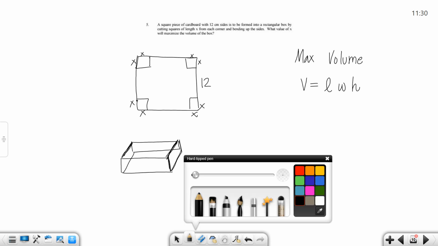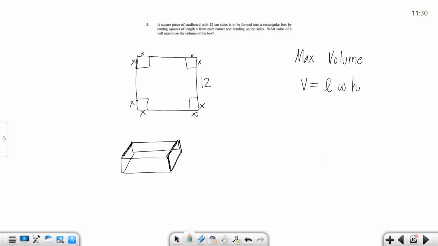Now, here's what's special about this box. I'm going to cut out these corners of the box. So when I cut out the corners, it's going to leave these three pieces here. Well, that's going to be this part of the box. So if you look at that blue piece right there, that's the whole side, 12, with two x's cut out. So this side of the box would be 12 minus 2x, and this side of the box would be 12 minus 2x.